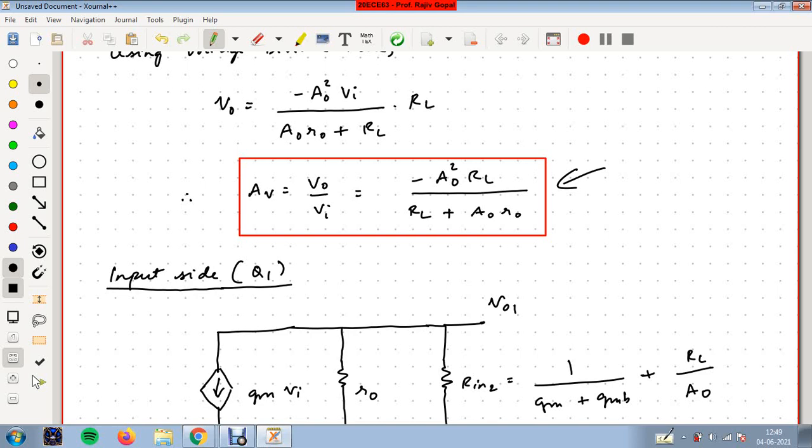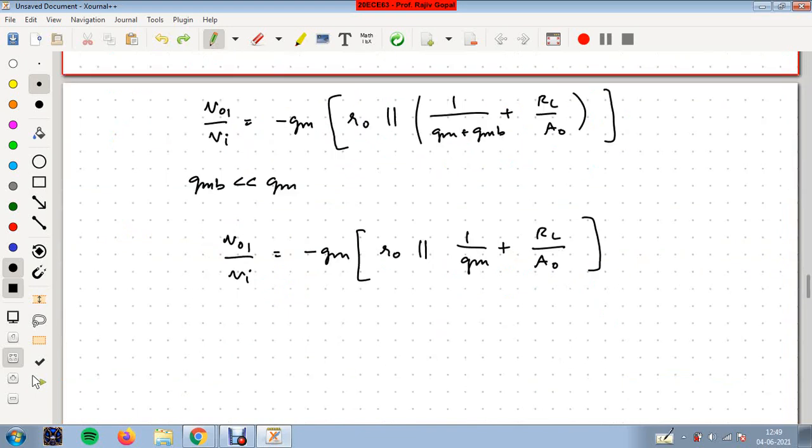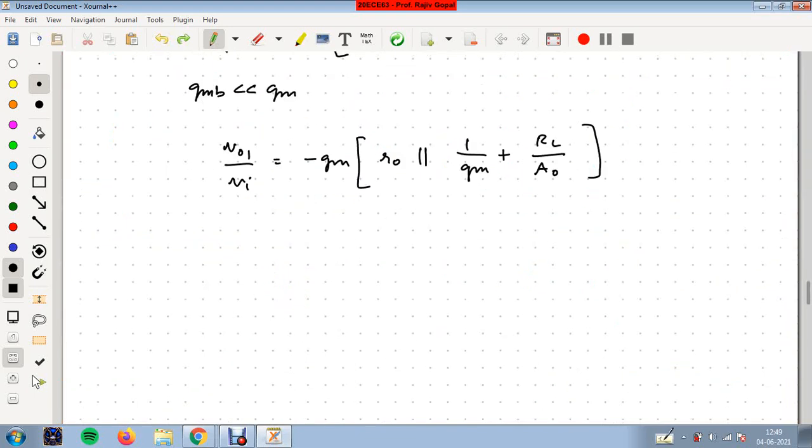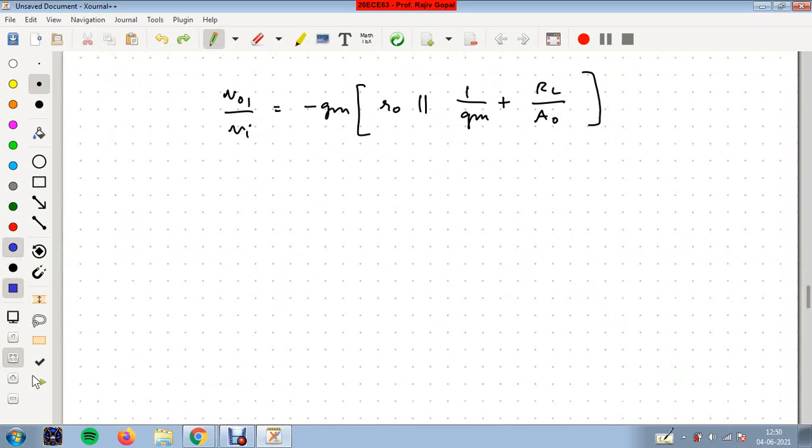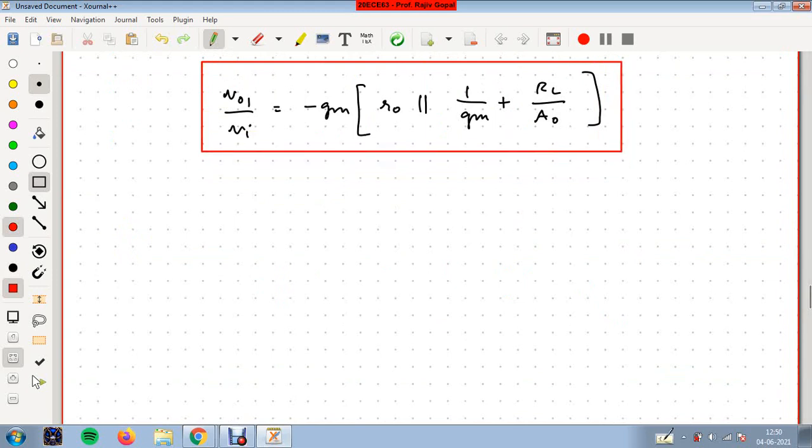Okay, so in this equation, if I make RL as A naught times R naught, we'll see what happens. I'll write the gain equation again here.